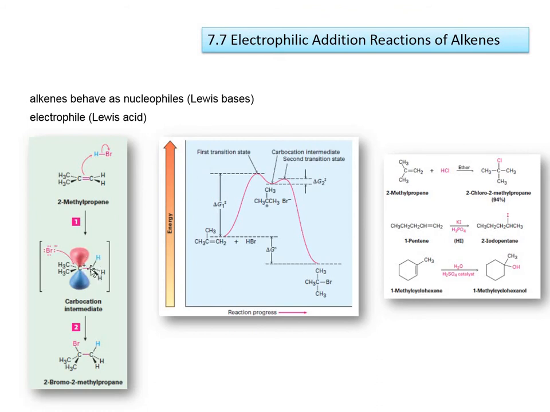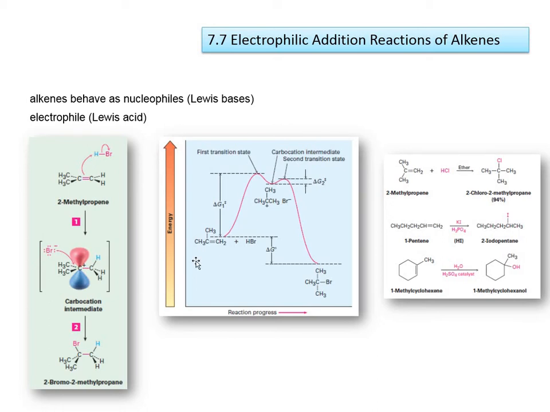First we generate a carbocation, then the anion adds itself to the carbocation, and we form this addition product. Basically, the alkene will act as a Lewis base because it's going to donate its electron pair. The pi electrons will be donated, and HBr is considered a Lewis acid because it's accepting an electron pair.